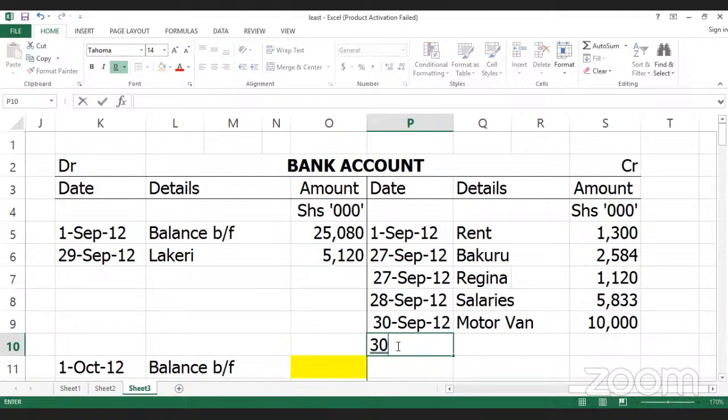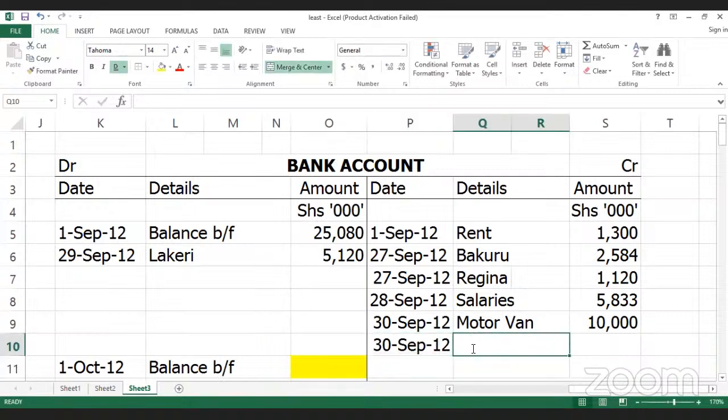So 30th September 2012. Balance carried forward.